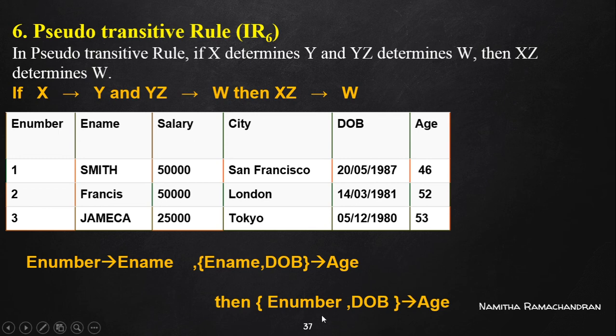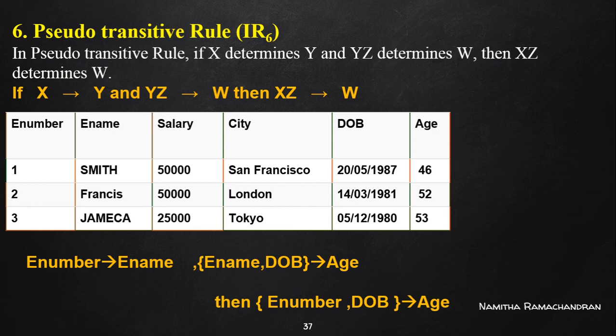Then we can infer our third dependency with the help of this pseudo-transitive rule. That is E number, date of birth derives age. If we know the number of our employee and the date of birth, it derives the age of that employee. Okay, so this is about our pseudo-transitive rule.